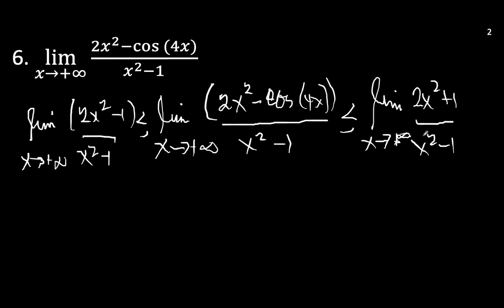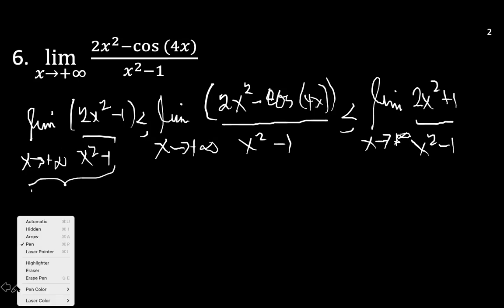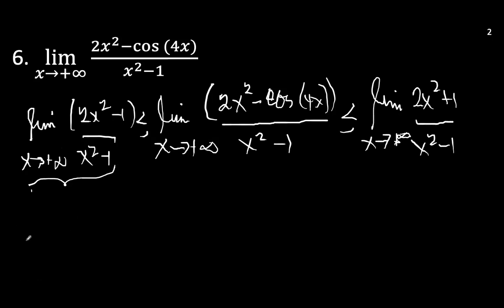So let's solve the limit on both sides, the left-hand side and the right-hand side. Let's start with the left-hand side, and let's use blue. Let's get the limit of 2x squared minus 1 over x squared minus 1 as x approaches positive infinity. How do we solve this? We can divide both numerator and denominator by x squared.